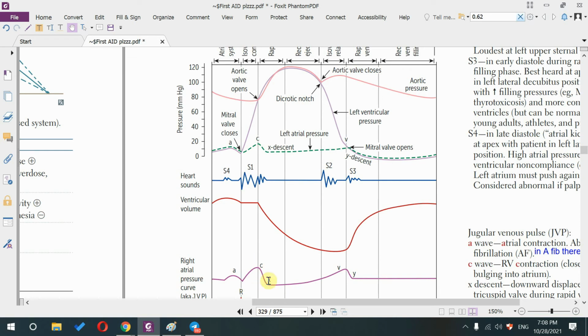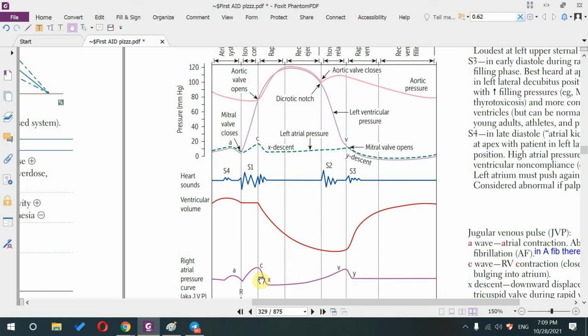The C wave. I just imagine this is like a hat. It's like the mitral or the tricuspid valve bulging inside of the left atrium and the right atrium. You know, guys? It's like a hat. And then we have the X descent. What is the X descent? It's when the tricuspid or the mitral valve returns back to their normal places because the blood has been ejected outside of the heart.